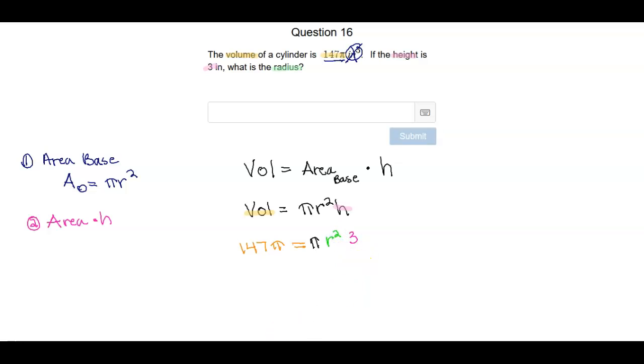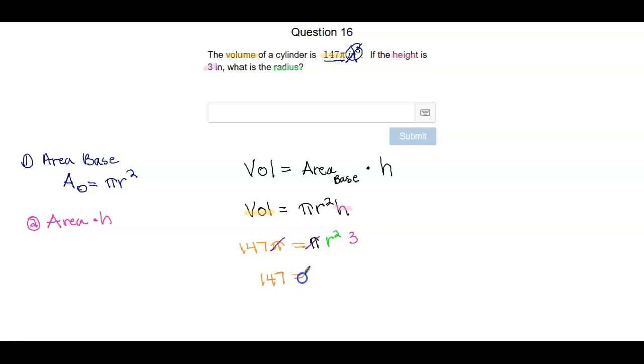So all we're going to do is just solve this equation like we would solve a normal equation. If you have a pi on one side and on another side, they have to be on opposite sides of the equal sign. Those two are going to cancel each other out.